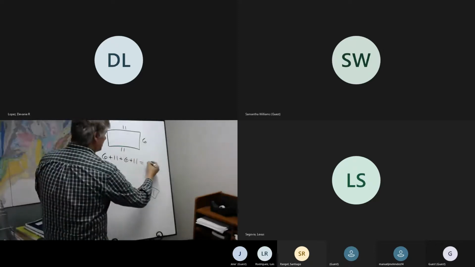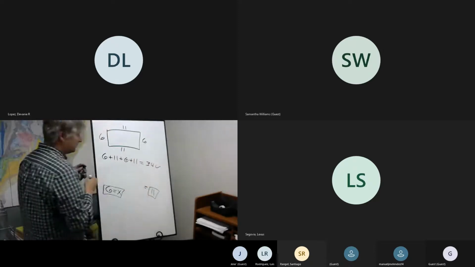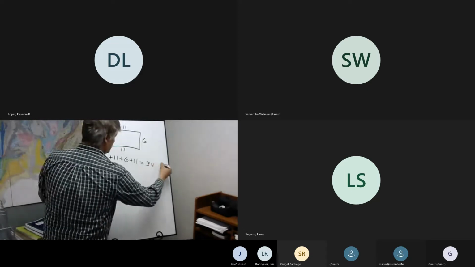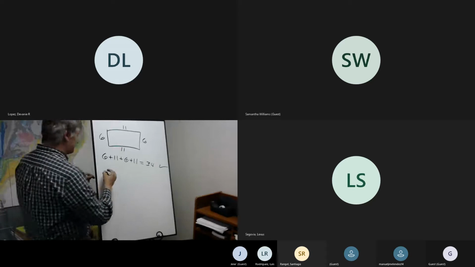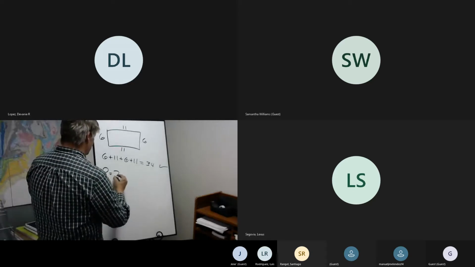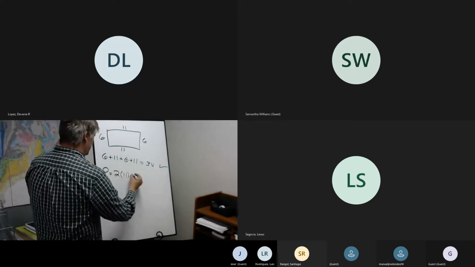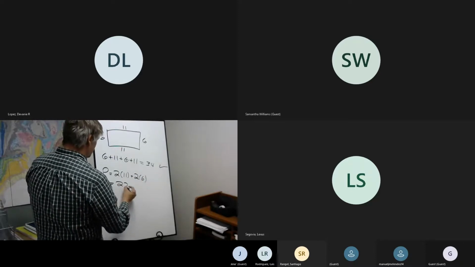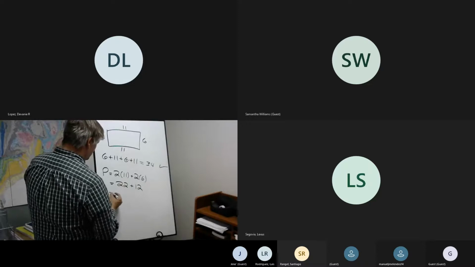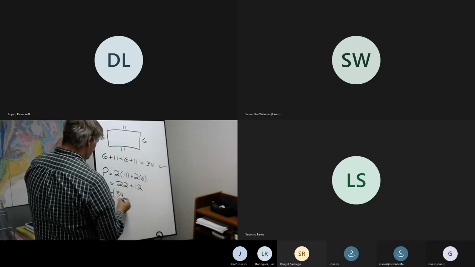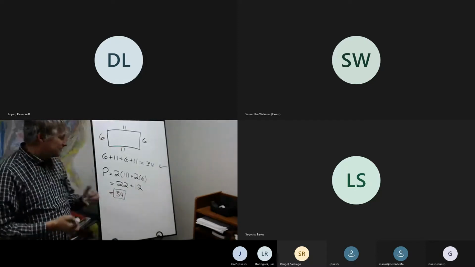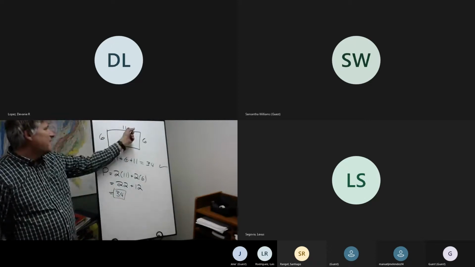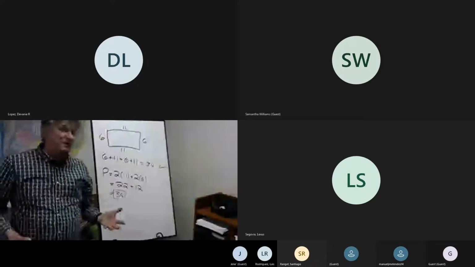And that will equal 34. Or you could check it using the formula. There's the length, there's the width, and sure enough, we get 34. And also, the length is 5 more than the width. So it looks like we've got some good answers here.